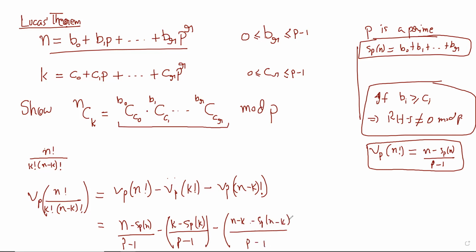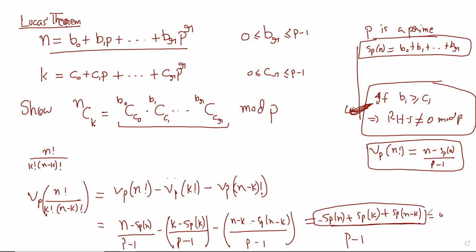again, I'm writing all this, but you can see that it's going to be 0. This is equal to 0, right? Why? So remember that we are using this condition. Under this condition, this is also 0, right?